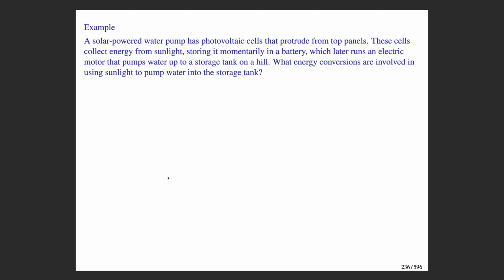Then the electricity from the battery, or the potential energy within the battery, is used to drive the motor, which means that potential energy is being converted into kinetic energy that moves the motor, which then in turn moves the water up the hill. So you have radiant energy from the sun being converted into electric potential energy. Then that electric potential energy is being transformed into kinetic energy of both the motor and the water that's being pumped up to the storage tank on the top of the hill.